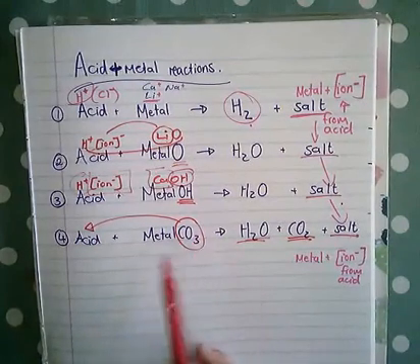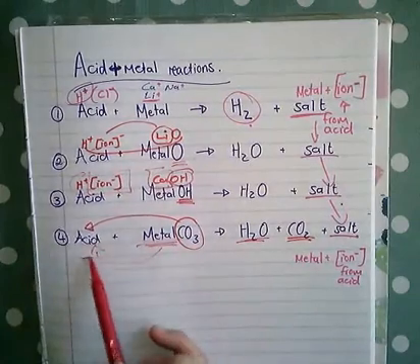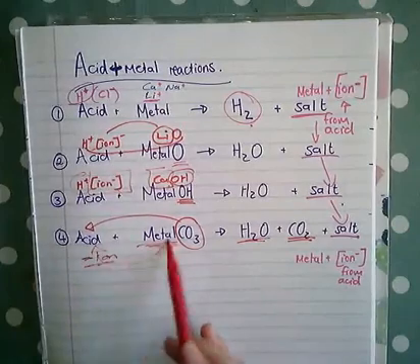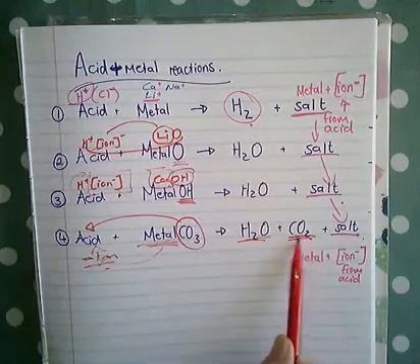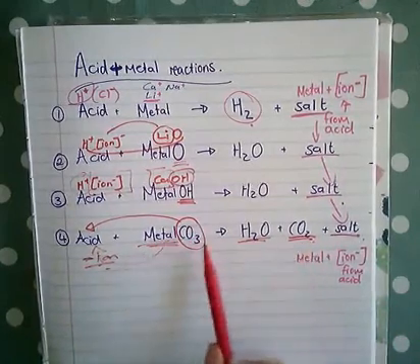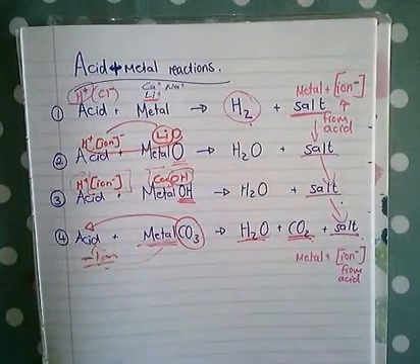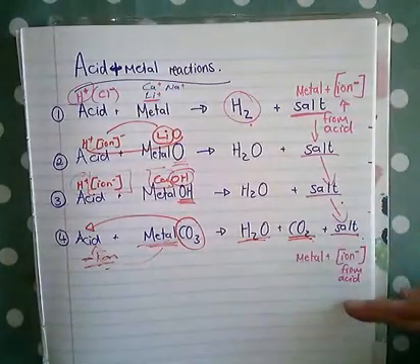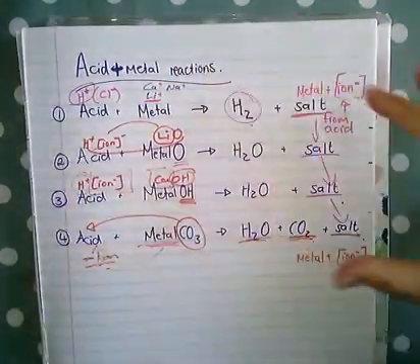Those two will form the salt. The CO will form carbon dioxide, and the other oxygen will go there to form water. With these reactions, you have to study this general equation, and then you have to be able to complete the reaction for specific acids and specific metals.